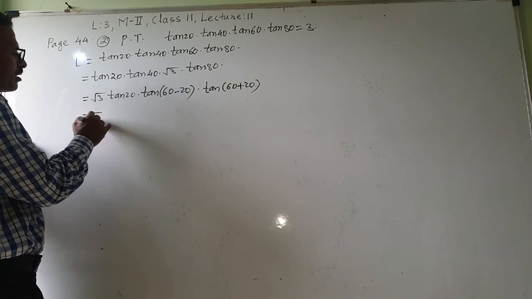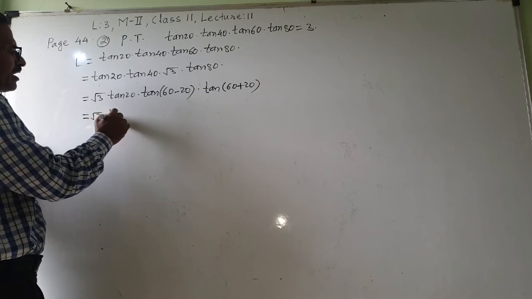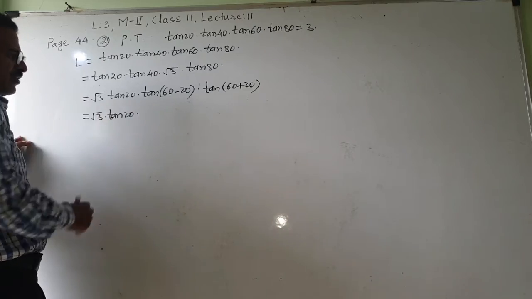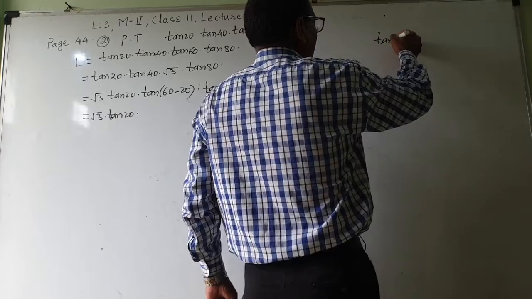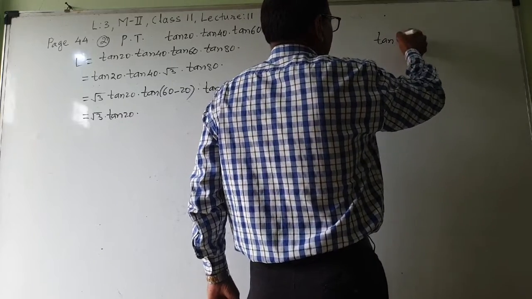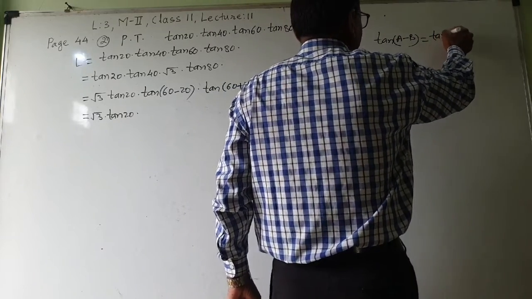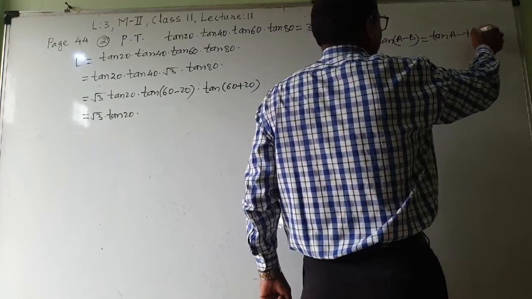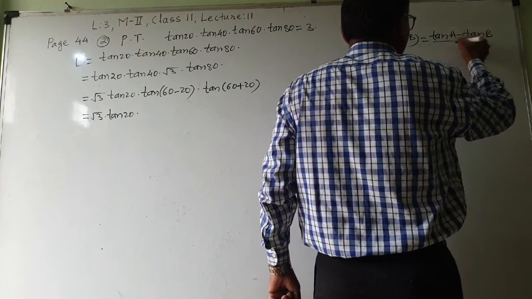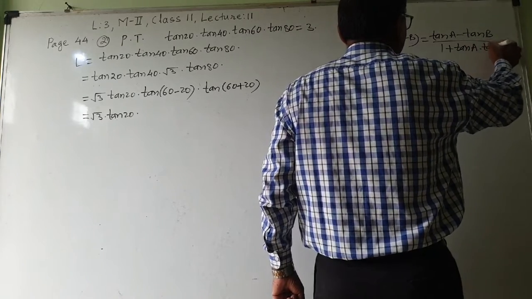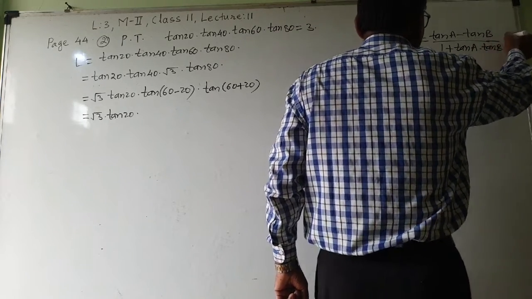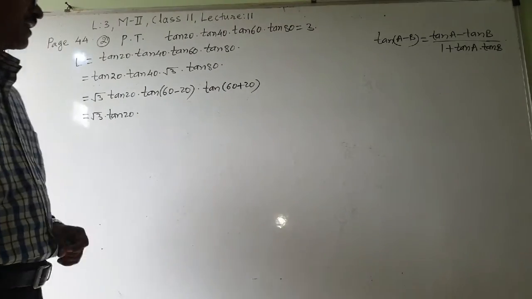So root 3 into tan 20 into tan of A minus B. The formula is tan A minus tan B upon 1 plus tan A into tan B. Don't forget the formula, because on the formula everything is dependent. That's why I am writing again and again.